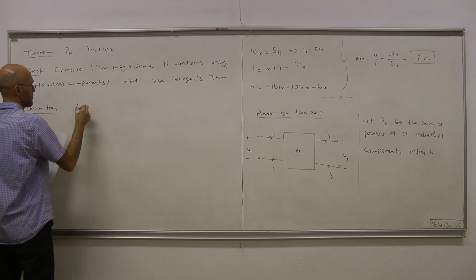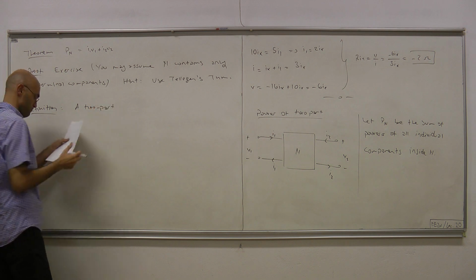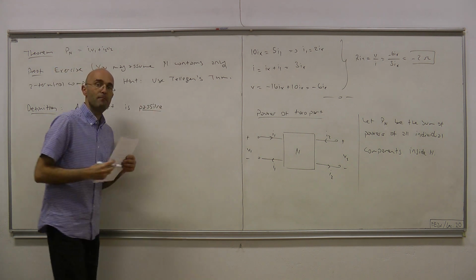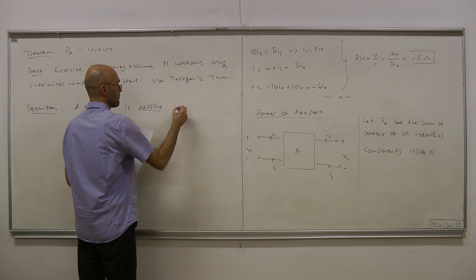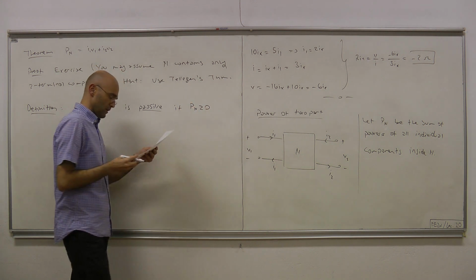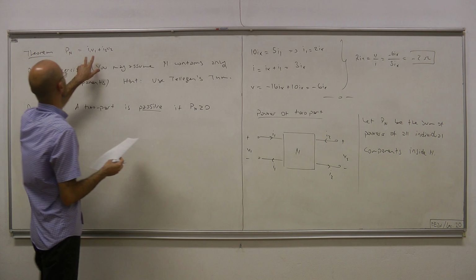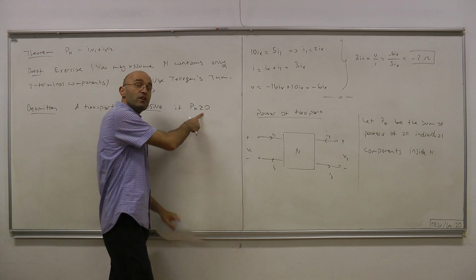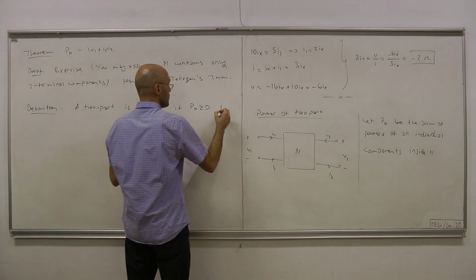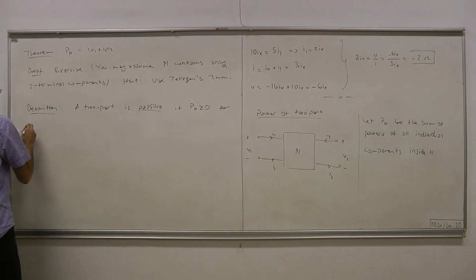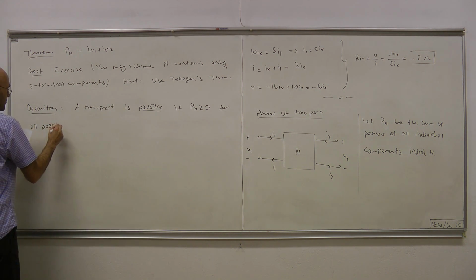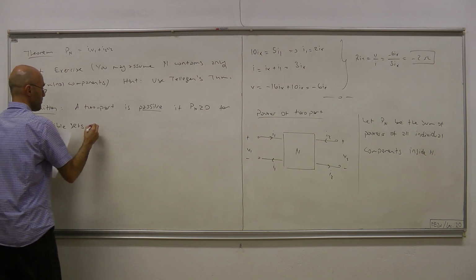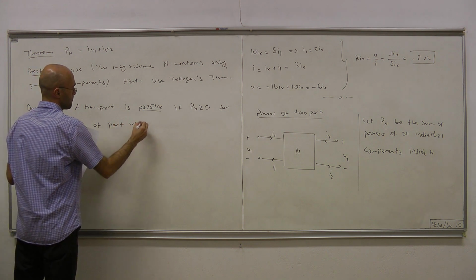The two-port is said to be passive if P_N, or this sum I1V1 plus I2V2, is never negative, for all possible sets of port variables.